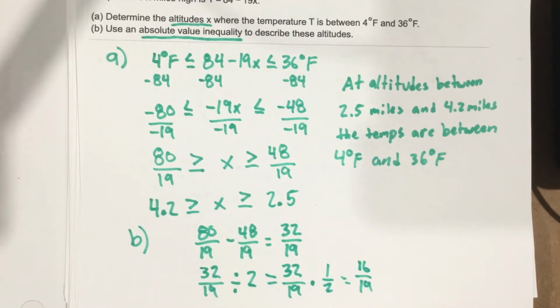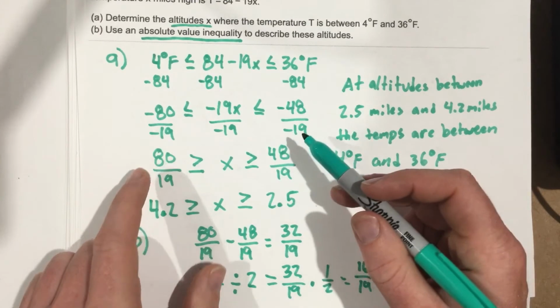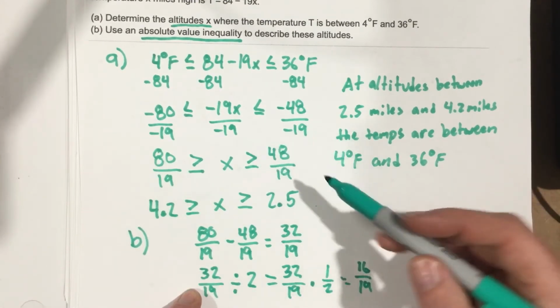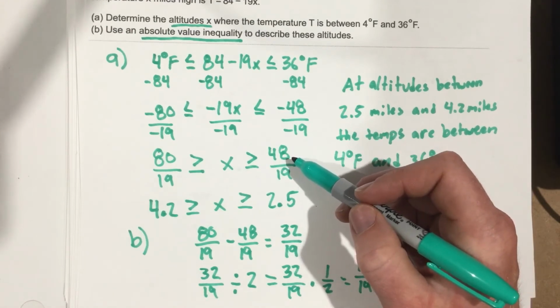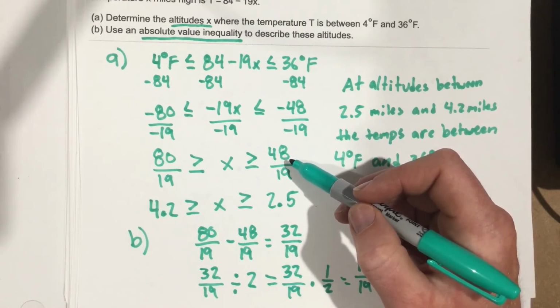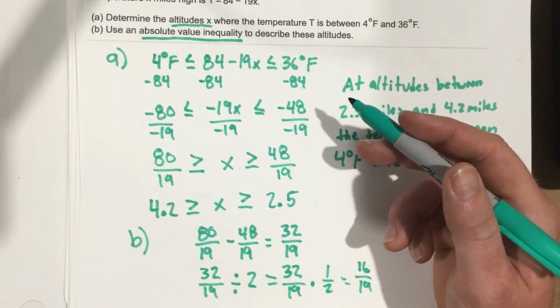And we know the middle between those two. What is the exact middle of those two? Well, if we know 80 and 48, the halfway point between 80 and 48 would be 64.